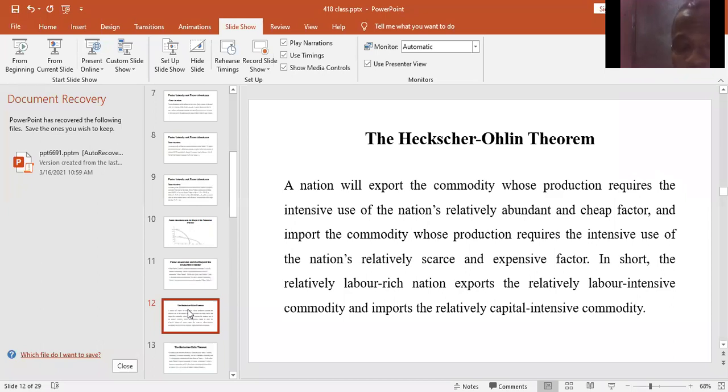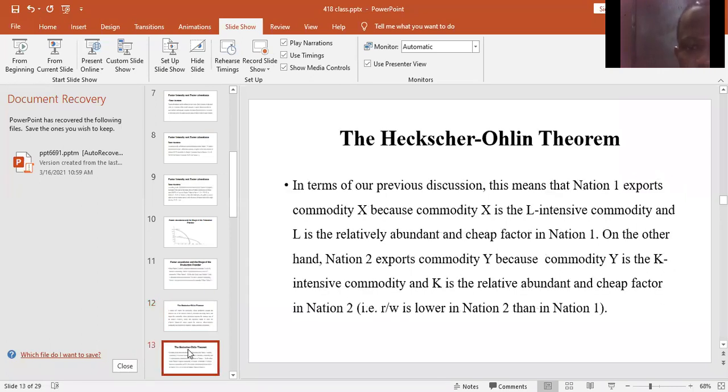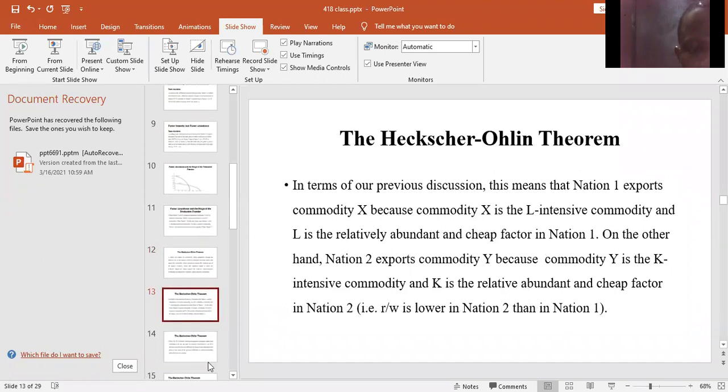But the key message is that the nation should endeavor to export commodities that use more of the abundant factor of production that the country has, and import commodities that use more of the factor that is not available in such an economy.